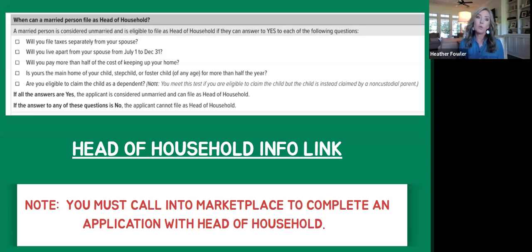Well, then they will not qualify for the premium tax credit or cost share reductions. They can still enroll. The plan will just be at full price. So that doesn't prevent them from being eligible to enroll. They just will not be able to receive the premium tax credits unless it's one of these three exceptions.